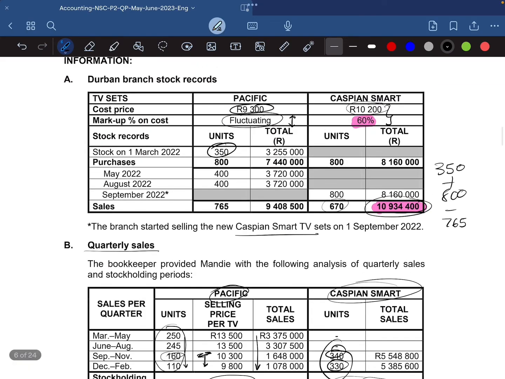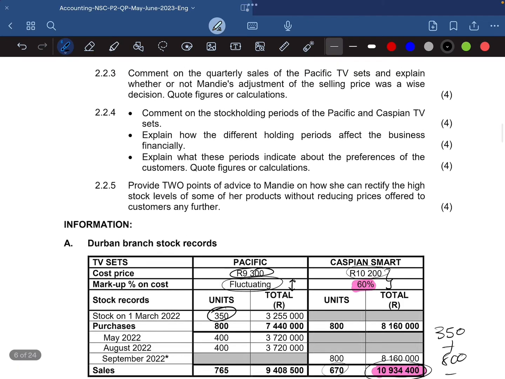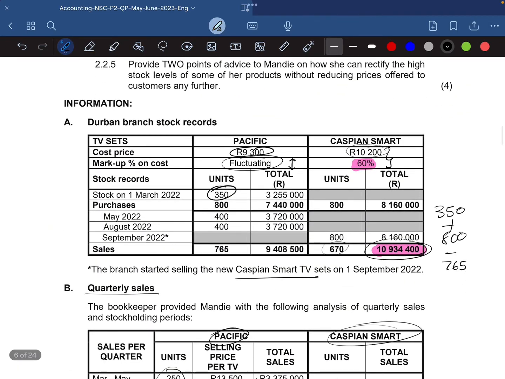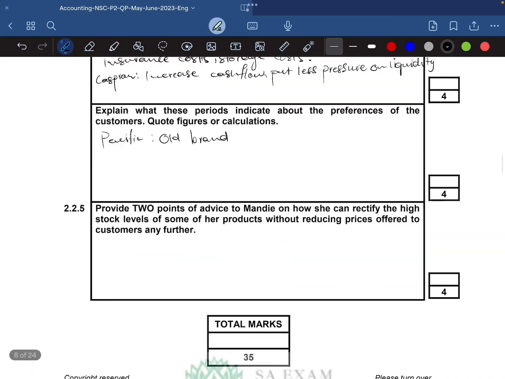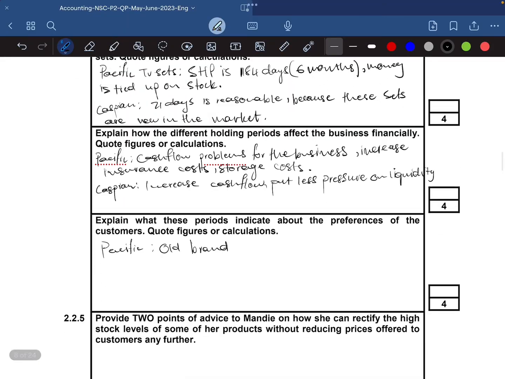So those are smart TVs. The Pacific are not really smart TVs. It's those old ones, and people are not really looking into that. People are always looking for an improvement in technology. So hence the change in trend. So it's an old brand.